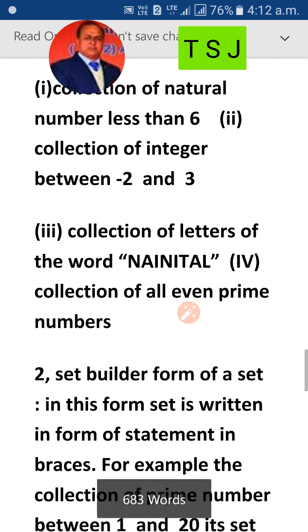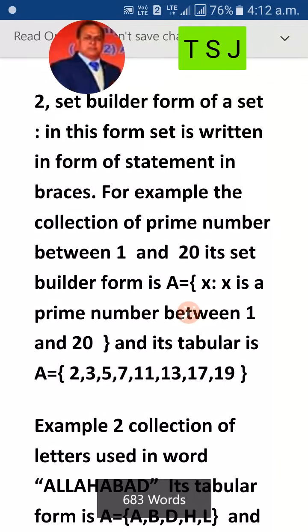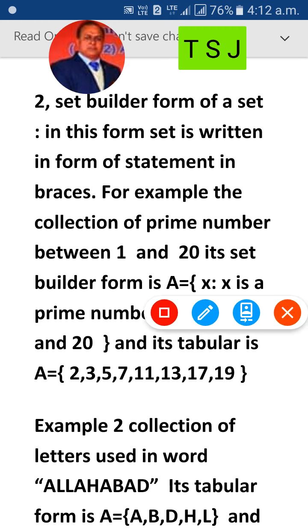Next is set builder form. In set builder form, the elements are written in the form of a statement. This is the way: x such that x is a prime number less than 20.